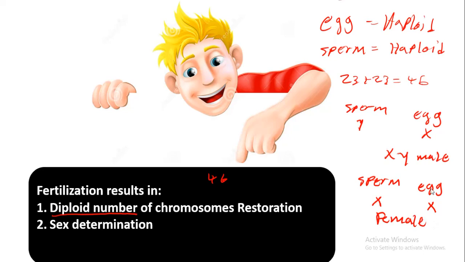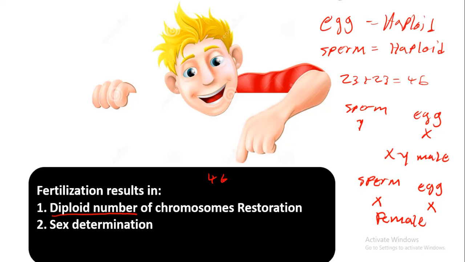So what we are trying to say is that after fertilization, depending on the nature of the sperm which has happened to fuse with the egg, there will be a formation of either a male or a female. This means that after fertilization, the sex of the zygote, the sex of a child, can easily be determined.